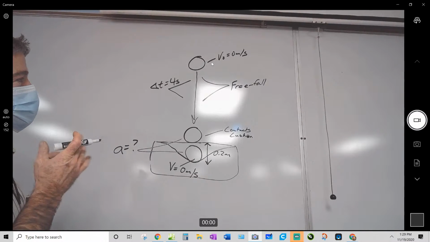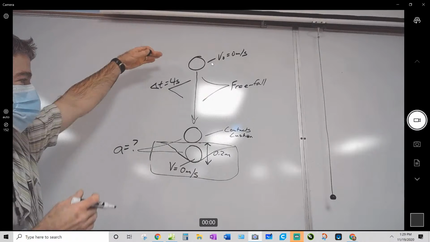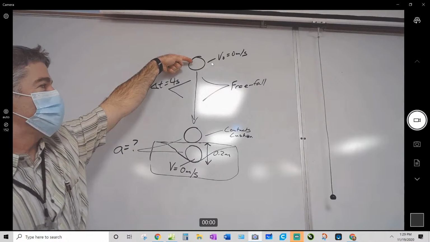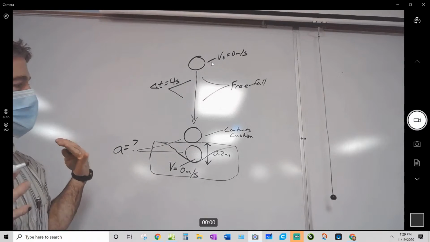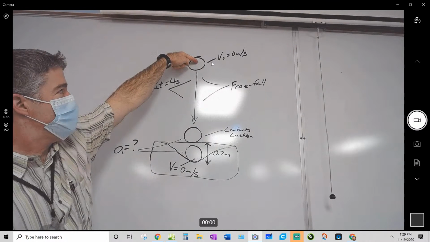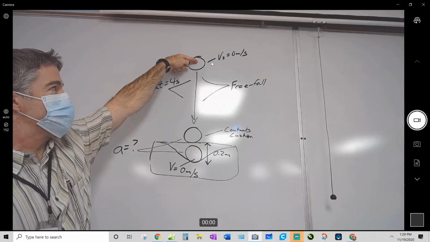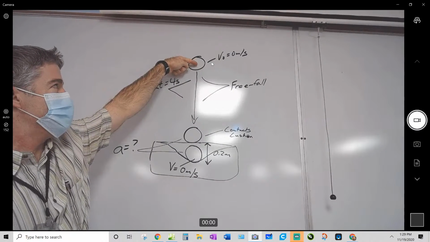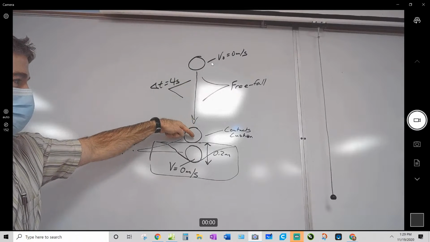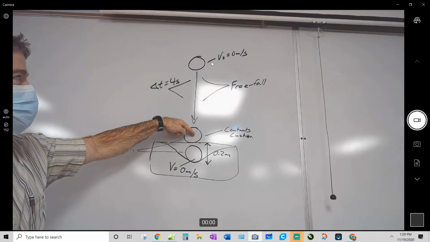So the thing I want to do right now is to identify some different time periods in here. This is all one event. It's falling and it's coming to rest, but there are different accelerations in here. So from here until a certain point, the acceleration is the same. Tell me when the acceleration starts to change? Yeah. Right there, as soon as it touches this.